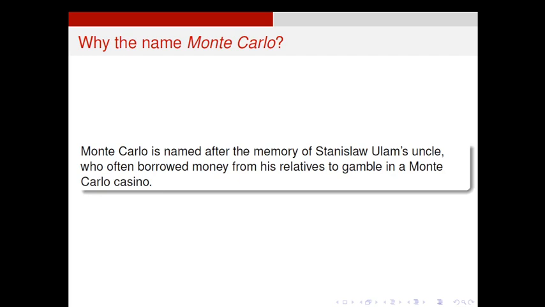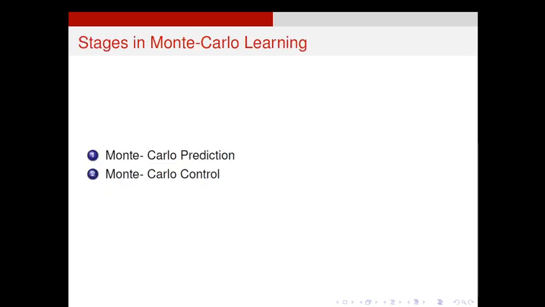That is the base of the Monte Carlo theoretical exploration. So the stages in Monte Carlo learning are Monte Carlo prediction and Monte Carlo control. As in the case of MDP prediction and MDP control, we have Monte Carlo prediction and Monte Carlo control, but there are some minor changes.